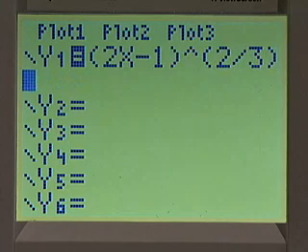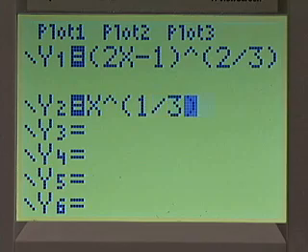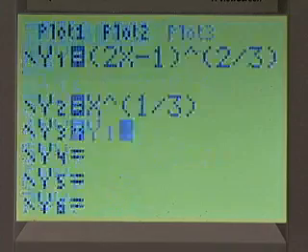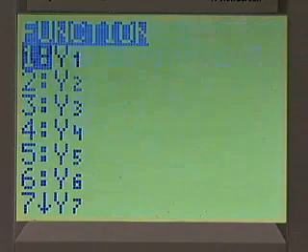And notice we have to put that 2/3 power in parentheses. On y sub 2, we're going to put in x raised to the 1/3 power. Again, the exponent in parentheses. And in y sub 3, we're going to put in y sub 1 minus y sub 2.